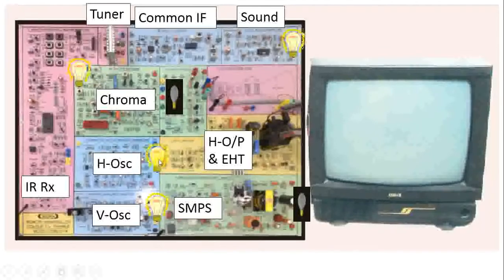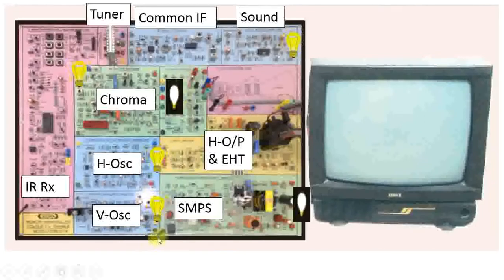Number two, H oscillator: a 15625 Hz ramp output will be observed at the output of this H oscillator. This yellow color indicates the 15625 Hz ramp. Now the V oscillator: at this flashing yellow bulb you have to take the reading of the V oscillator, and the frequency you are aware of, that is 50 Hertz.